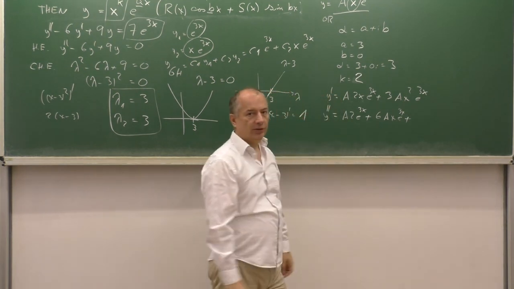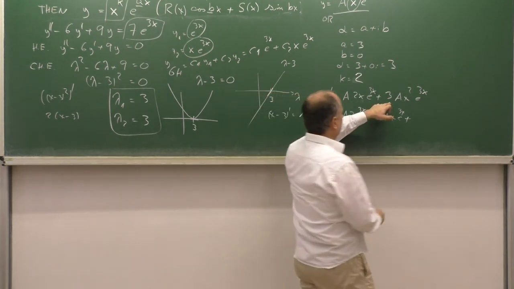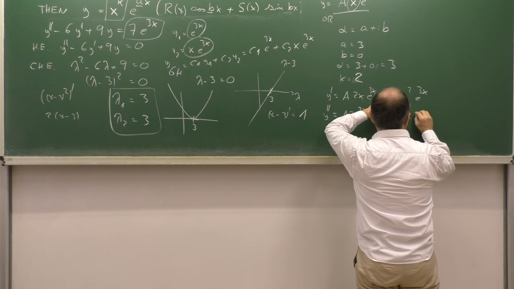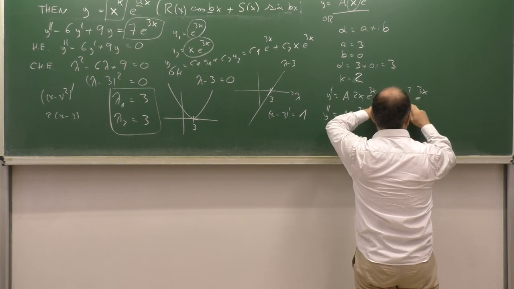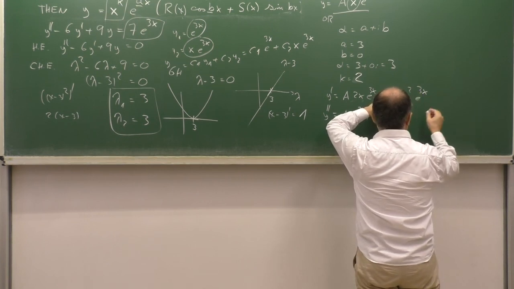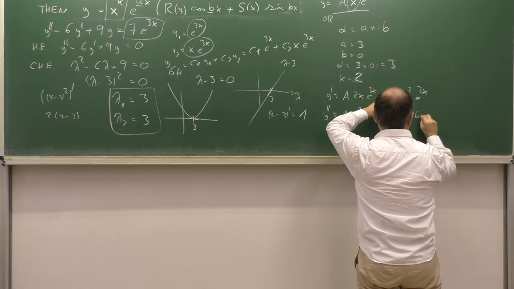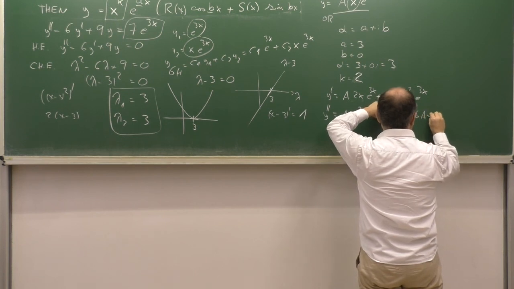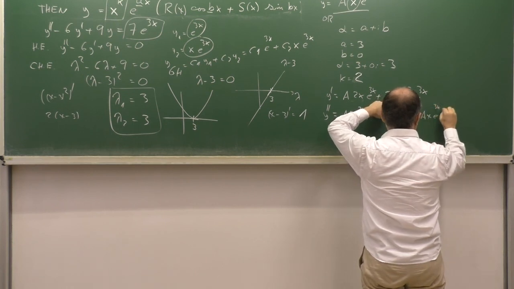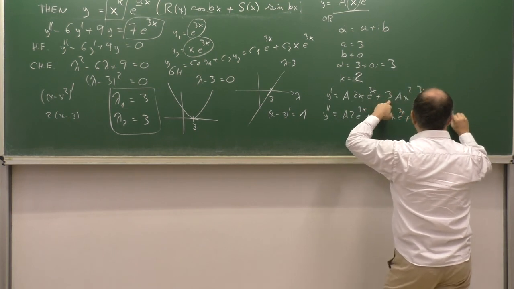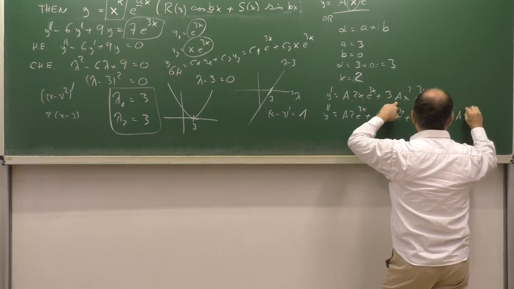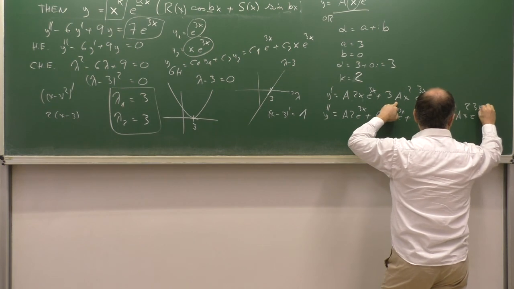So that was for the first term. And now the second: 3a times x squared derivative, which is 2x. So we have 6a x e to 3x plus 9a x squared e to 3x.